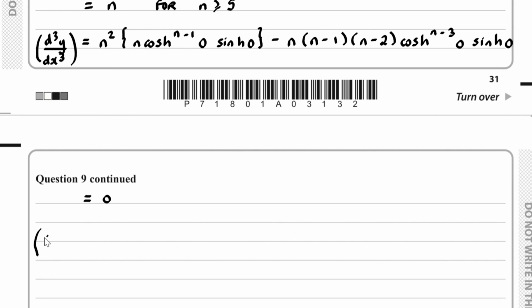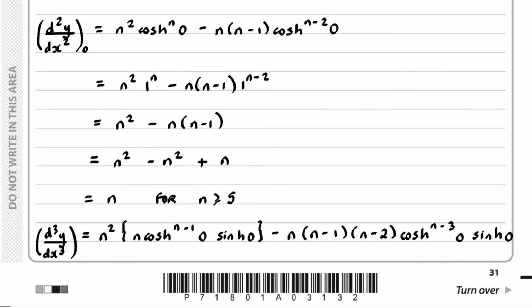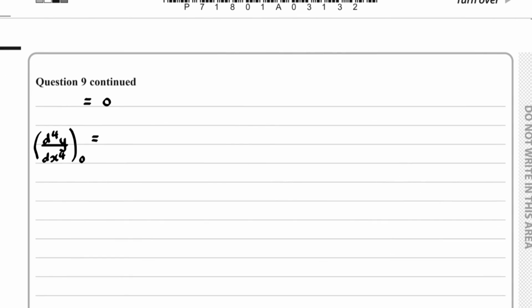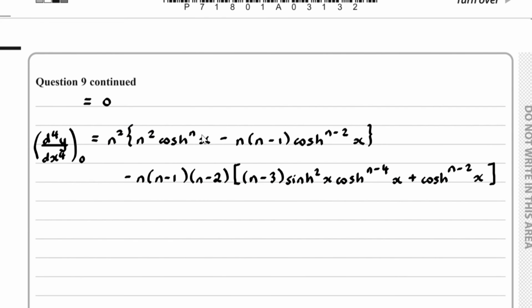And now I need to work out what the fourth derivative is when x is equal to 0. I know what the fourth derivative is. That's shown here. So what I need to do now is replace the x with 0.